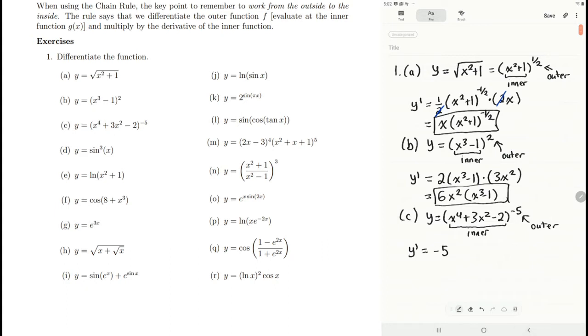So we multiply the negative 5 in front. We leave the inner function unchanged. So that's x to the 4 plus 3x squared minus 2. We subtract 1 from the exponent. So negative 5 minus 1 is negative 6. And then we multiply by the derivative of the inner function, which is 4x cubed plus 6x.